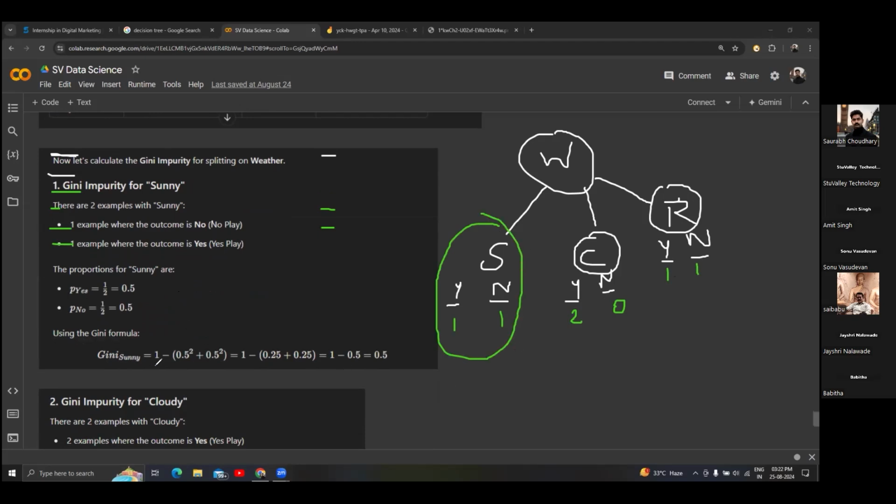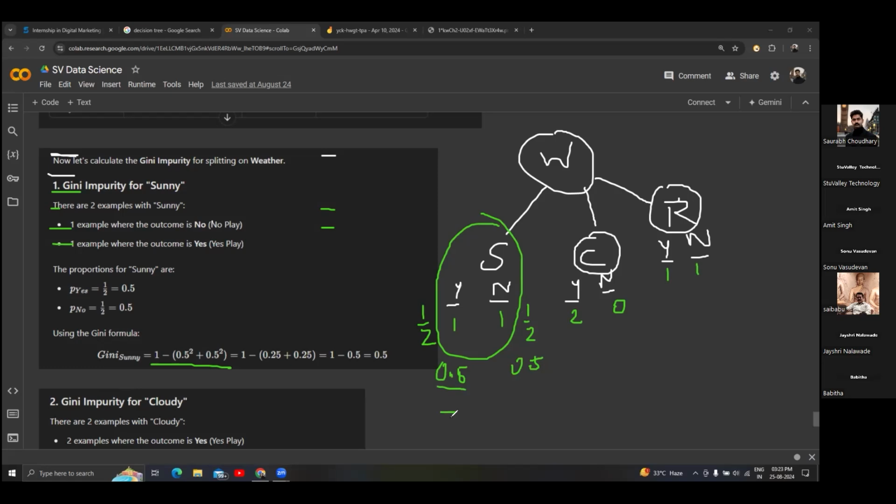So it will be 1 minus... because the probability of yes in sunny is 0.5, which is half, because there are 2 and among 2 there is 1, 1 by 2, which is half, and for this also it is half. So 0.5 for this.